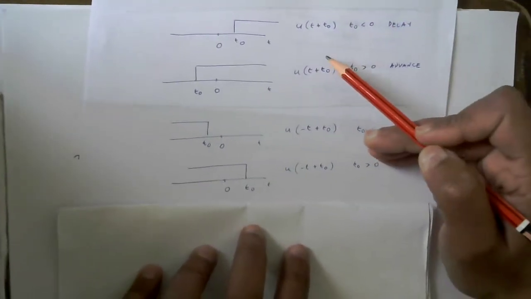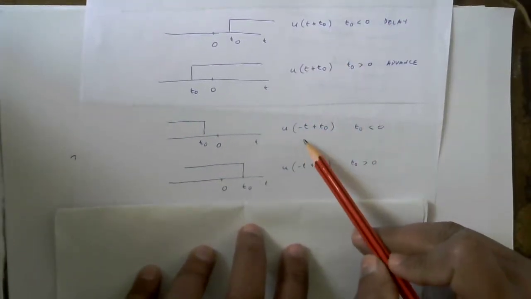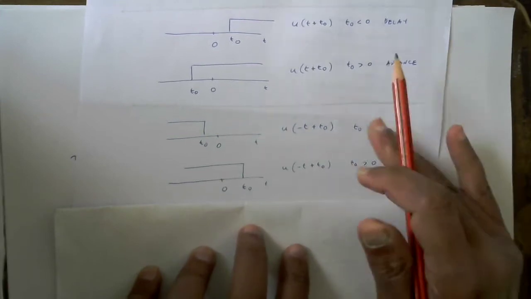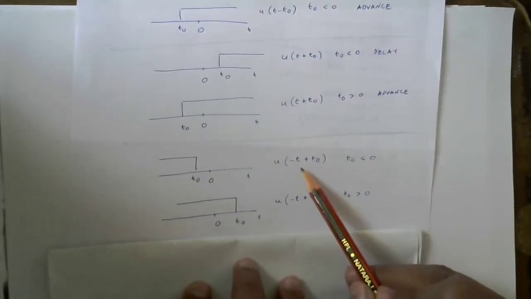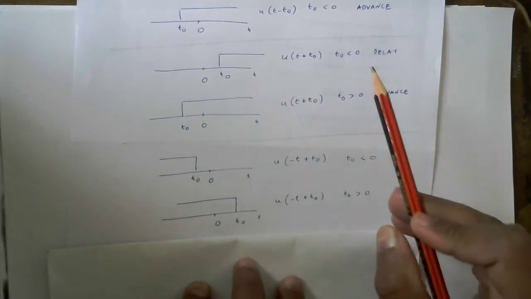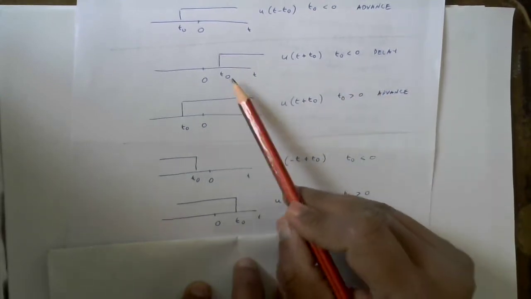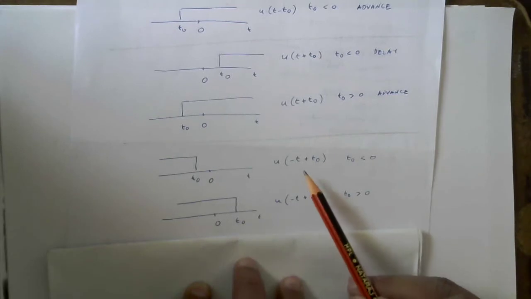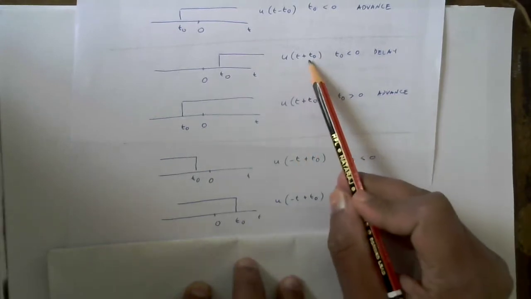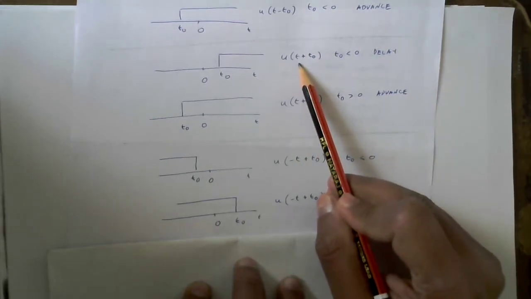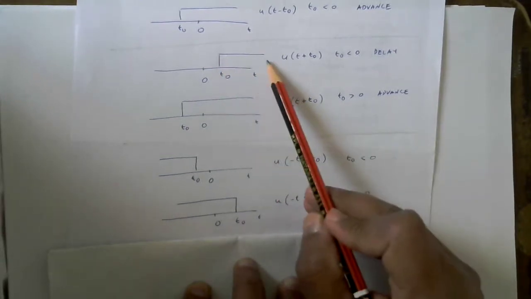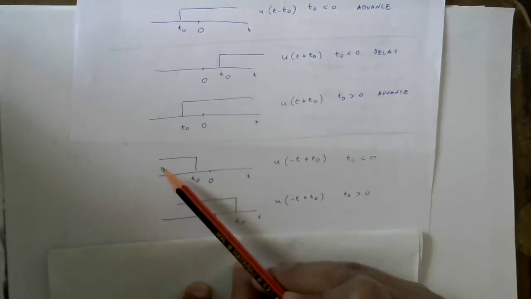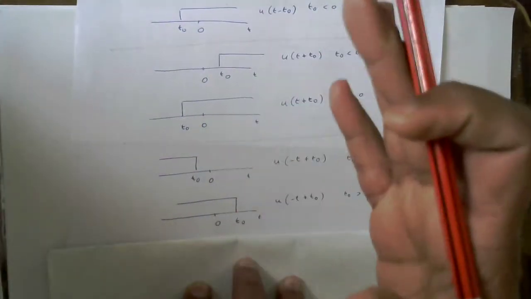Now, suppose we are going to represent the time shift as t plus t naught. What is u of minus t plus t naught? This is u of t plus t naught, and so u of minus t plus t naught is nothing but, when t naught is less than 0, like we said, a delay. So now when we just replace this t with a minus t, everything else remains the same. This function just gets flipped about the y-axis.